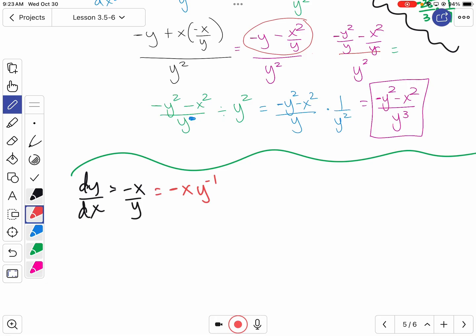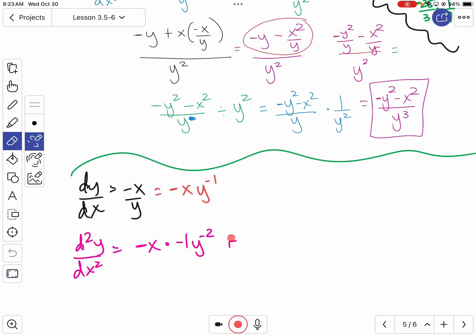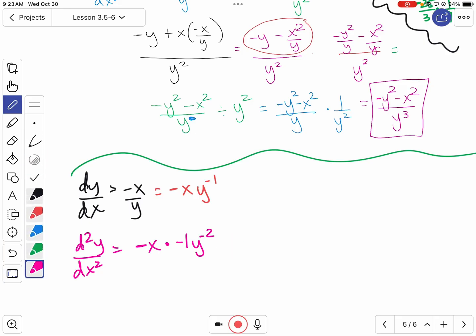So it's going to be product rule this time. The first, d squared y dx squared, times the derivative of the second, so it's going to be negative 1 y to the negative 2, and then, oh, forgot my dy/dx, times dy/dx, plus the second times the derivative of the first.